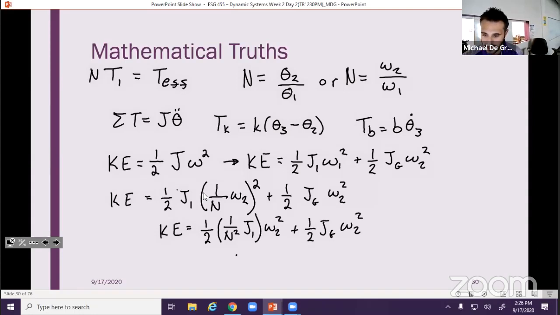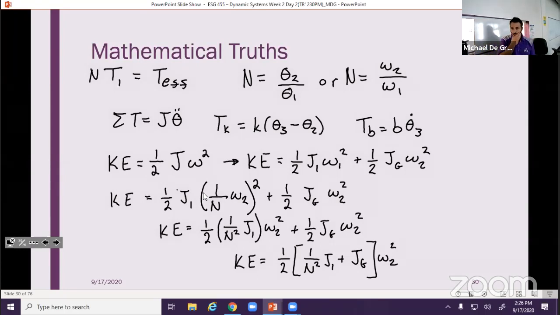I can combine like terms, and I'll end up with this. Okay, so we're almost there. Kinetic energy equals 1/2 J omega squared.